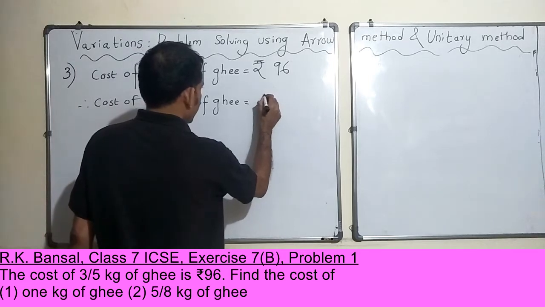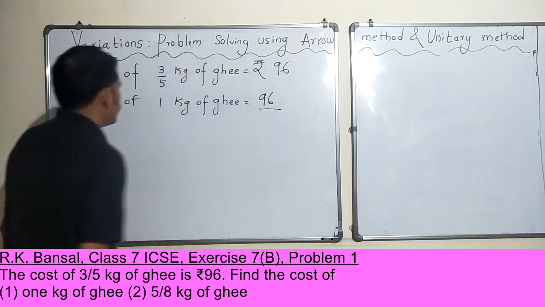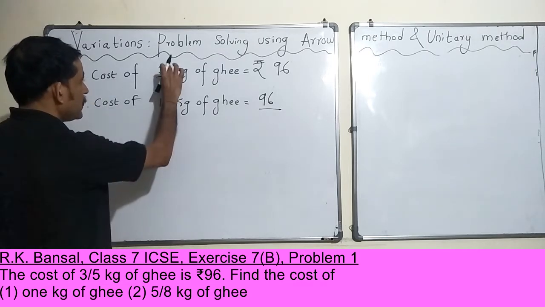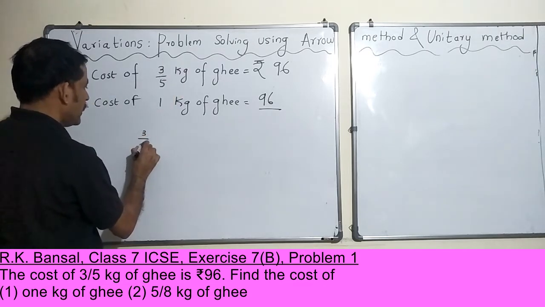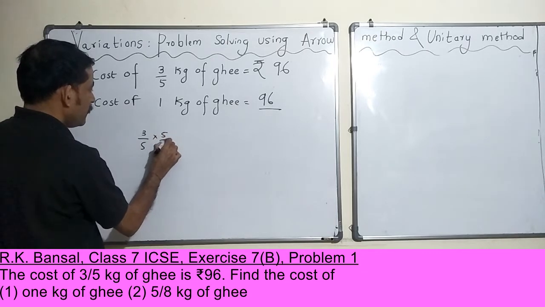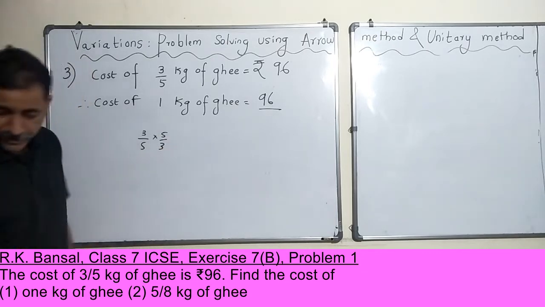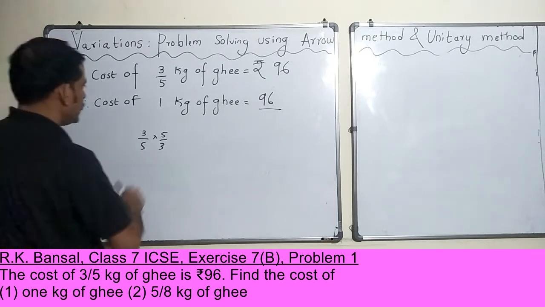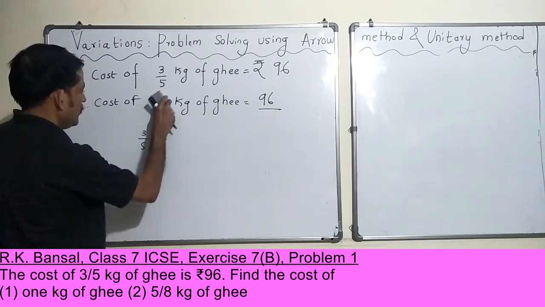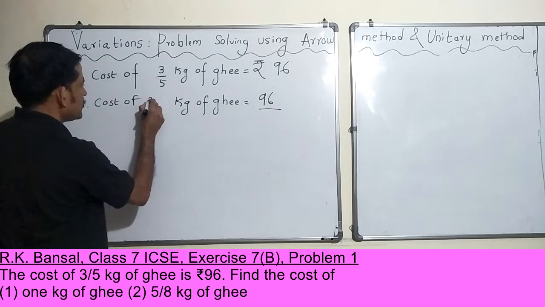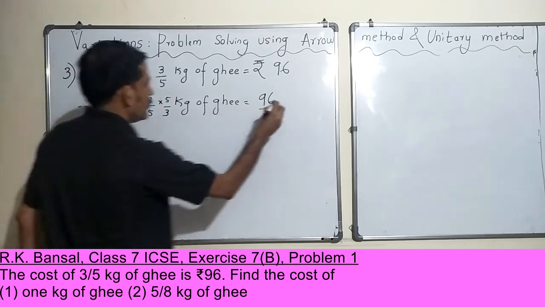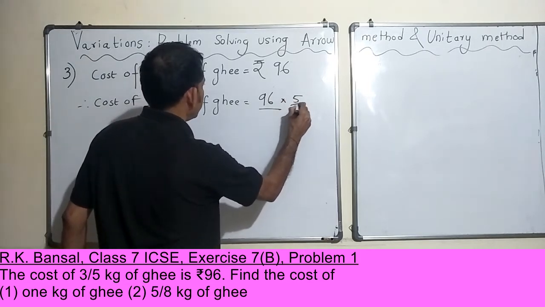I multiply, okay, if I have to get 1, I have to multiply this with 5/3, right? 3/5 will become 1 only when you multiply by 5/3. So, I multiply both sides by 5/3.